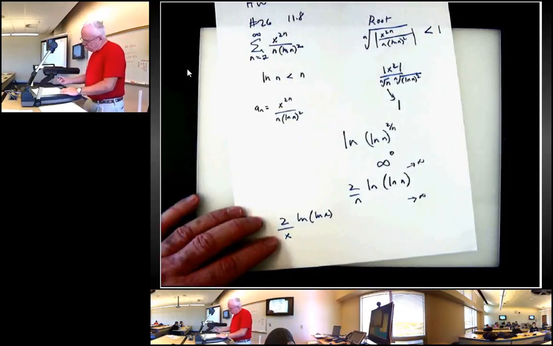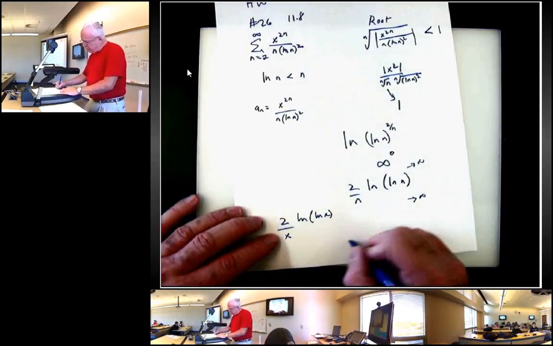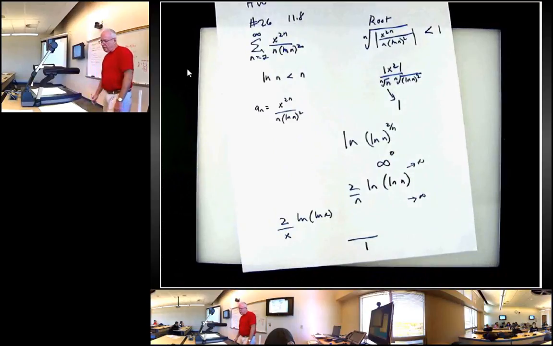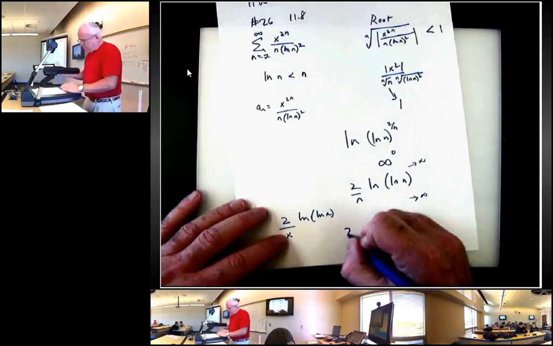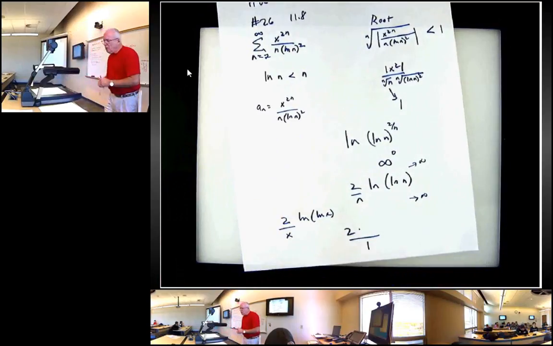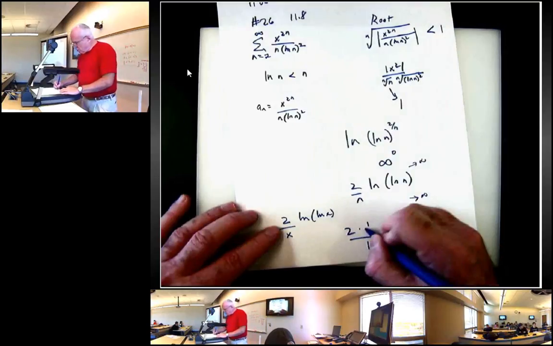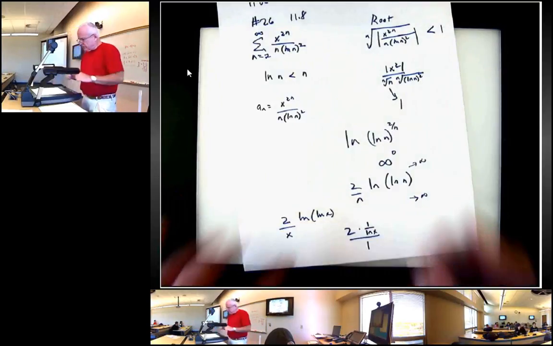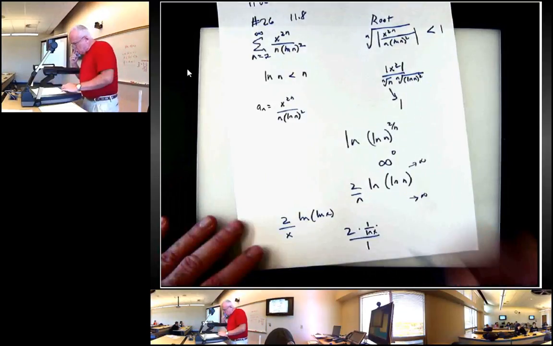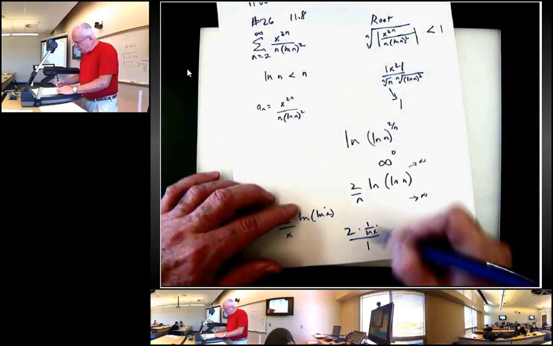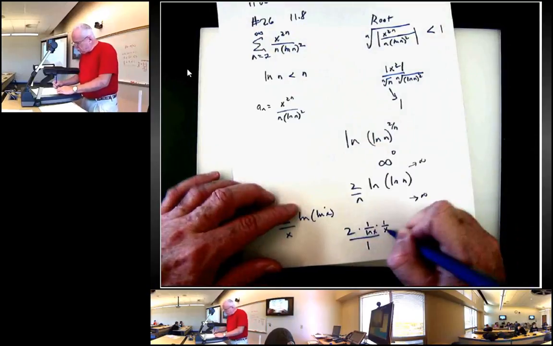And if we do the derivative of the top and bottom, the derivative of the bottom is just the number 1. Derivative of the top, we have 2. Actually, this is going to be 1 over the ln of x times the derivative of the ln of x, which is 1 over x.